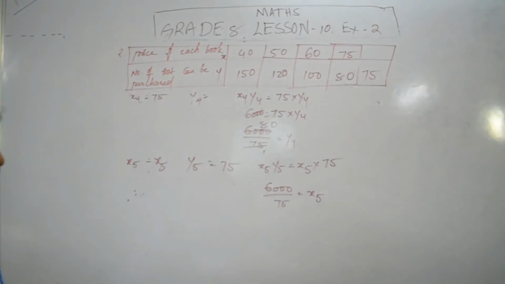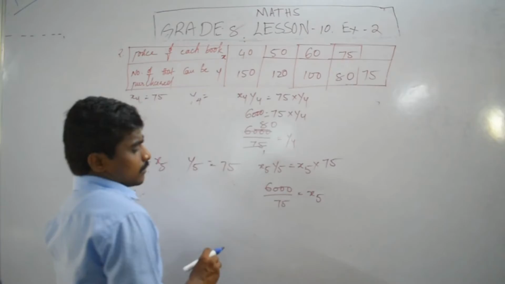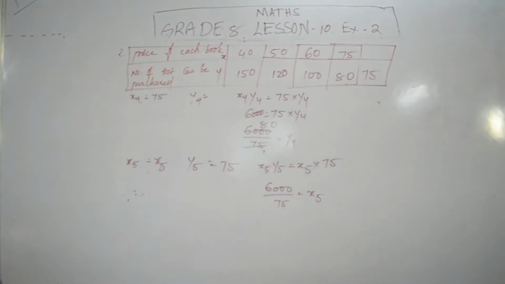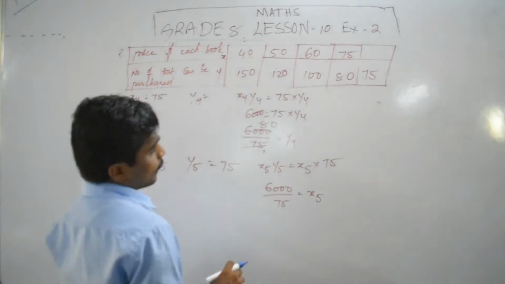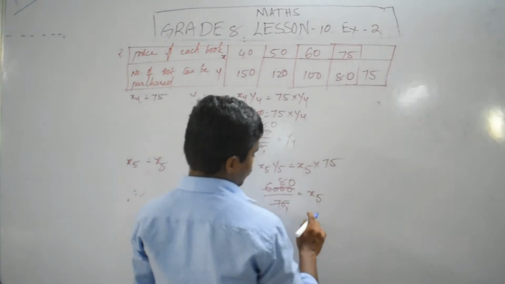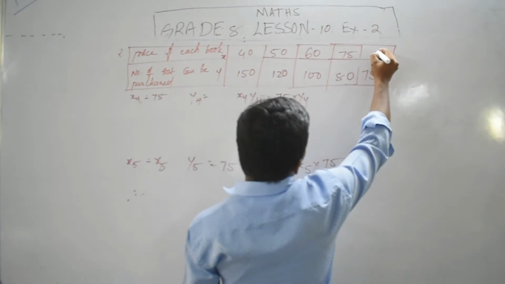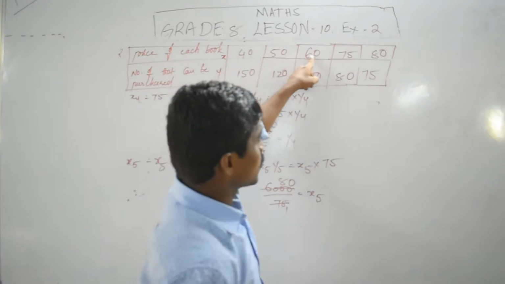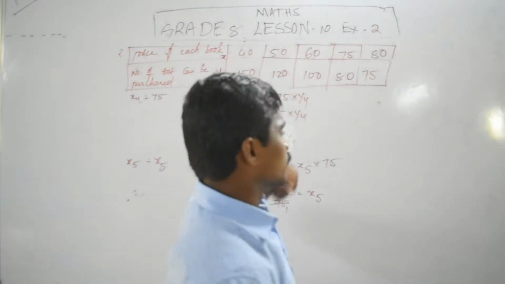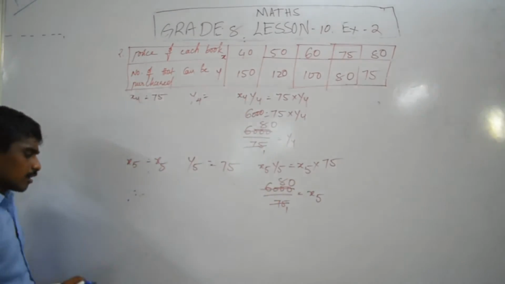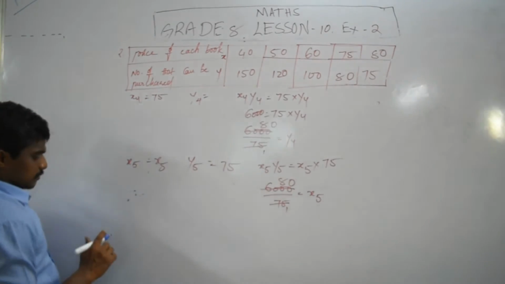So 75 table how much here? 75 8 here given 75. Last one, yes. 75 1s are 75, 75 80s are 6000. So x5 here 80. Here see, these all are increasing, these all are decreasing. So all multiply 6000 coming. So these all one inverse proportional.